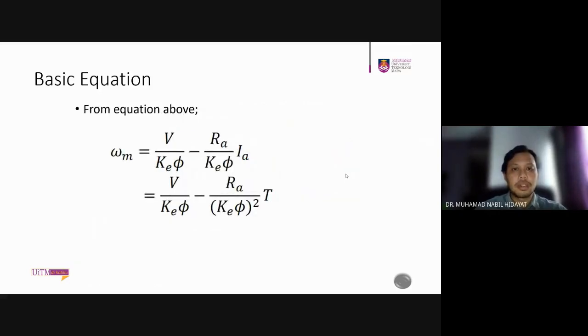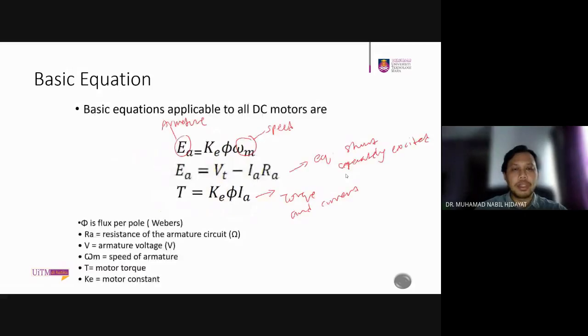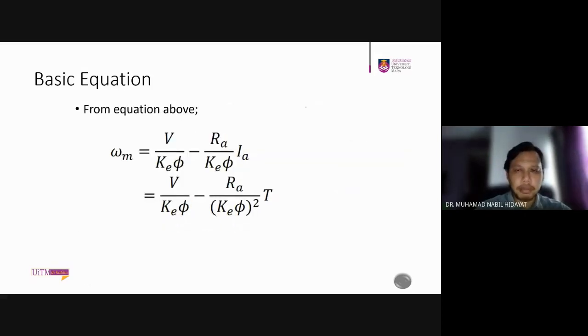Putting it all together, KE flux omega m equals VT minus IARA.